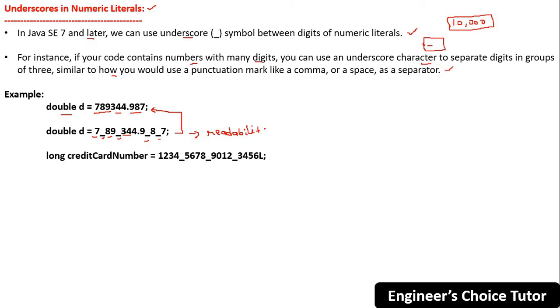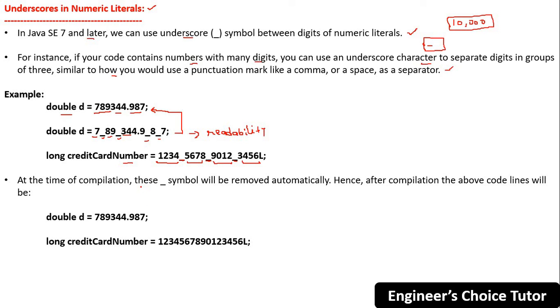For example, see here, long credit card number. The credit card number I have grouped into groups of four digits. Readability is easy here, by the help of underscore symbols. At the time of compilation, the underscore symbol will be removed automatically.